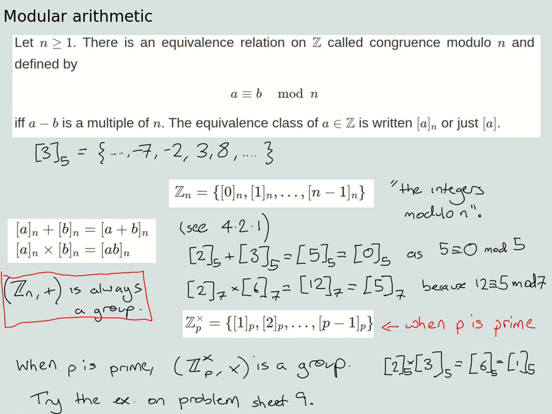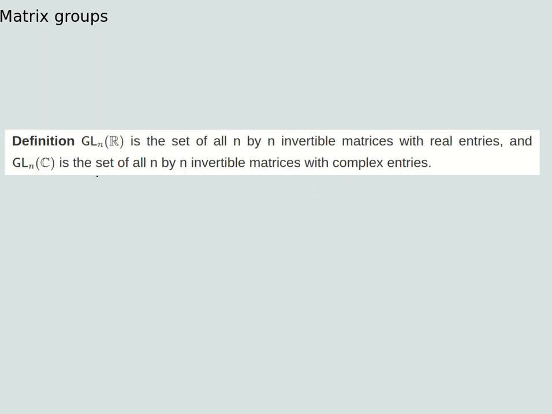Let's move on to another family of examples now. So here we're going to talk about matrix groups. So the set of all square matrices, n by n over, let's say, the real numbers, well, this thing has a binary operation, namely matrix multiplication.